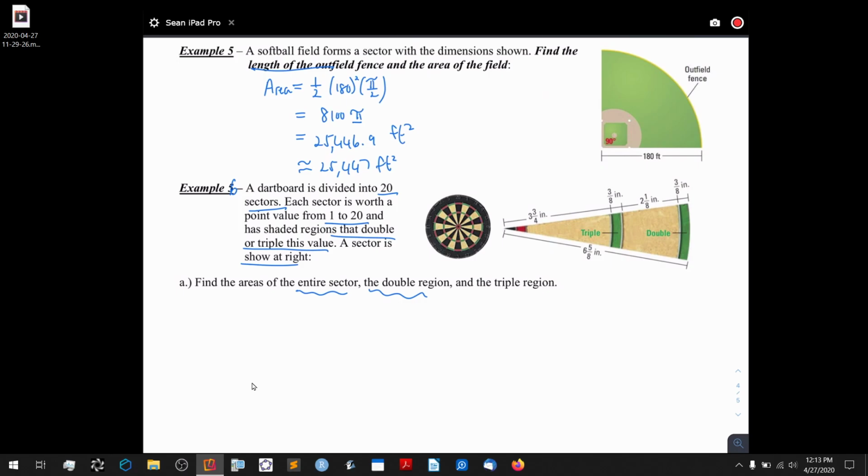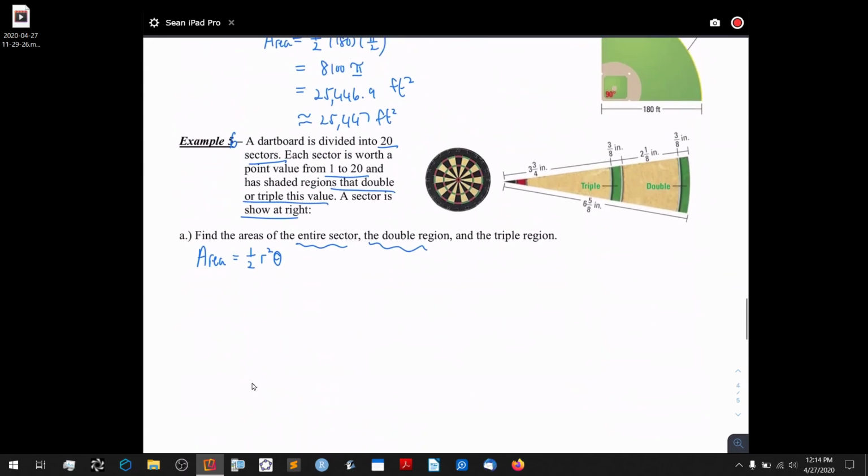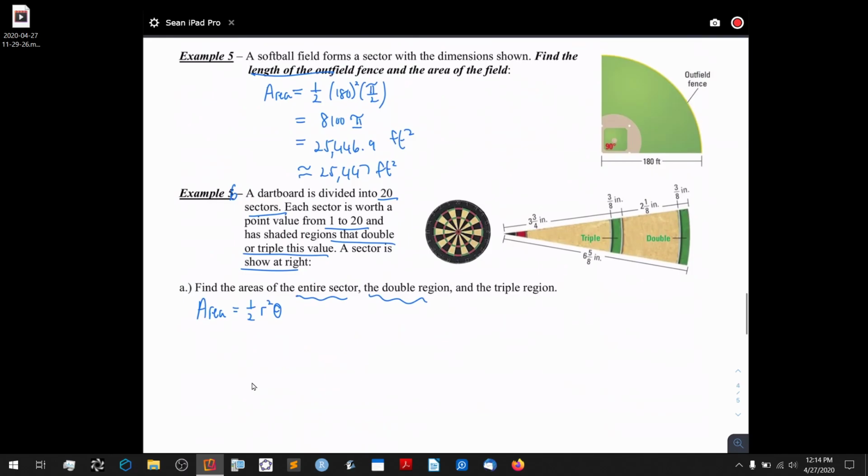So we're looking at this formula. The area of a sector of a circle is half r squared theta, where theta is radian measure. So for the entire sector, find the area of the whole thing. That's the question.